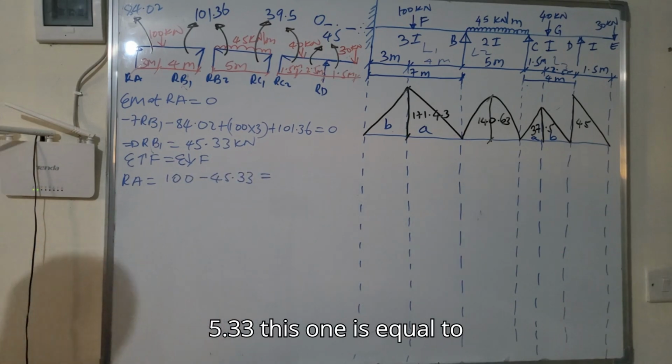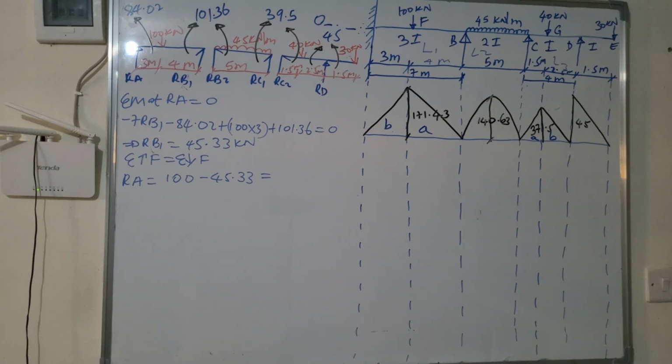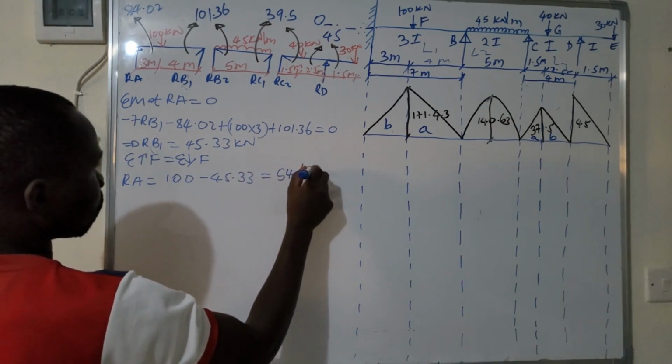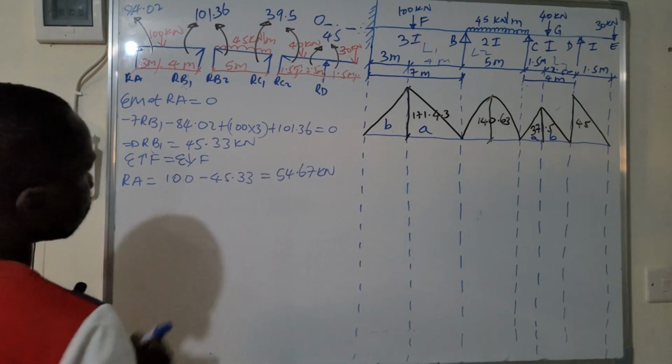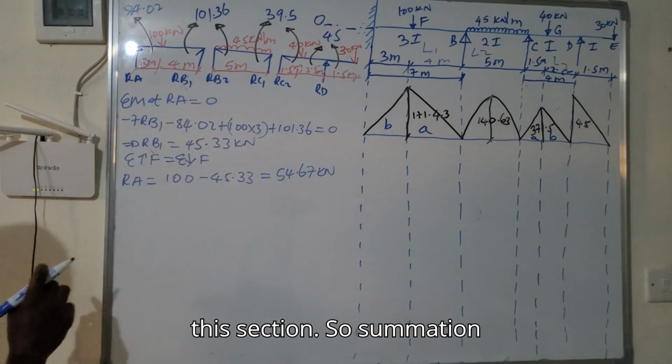So this one is equal to, you will also do it on your own with your calculator, 54.67 kilonewton. And then we will move to this section.